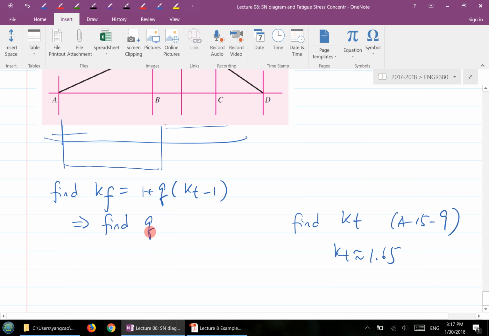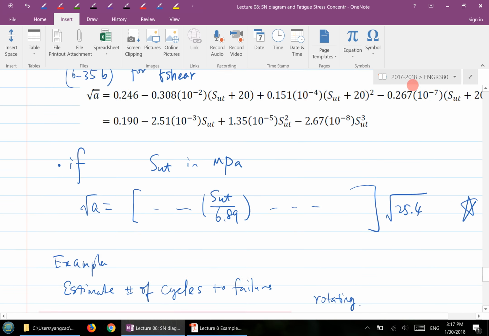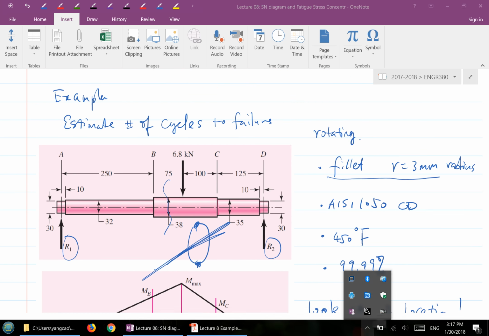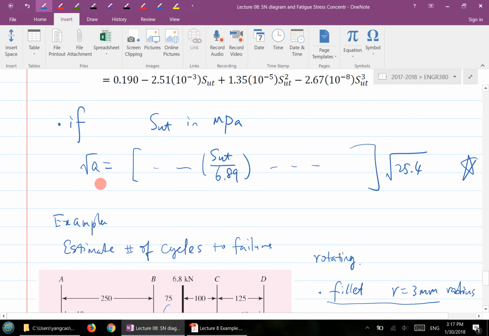To find q here, you can use the formula we just provided. This is the formula for q, and for the root a, because everything in this question is given in millimeters, we have to use the modified formula to find the Neuber constant.